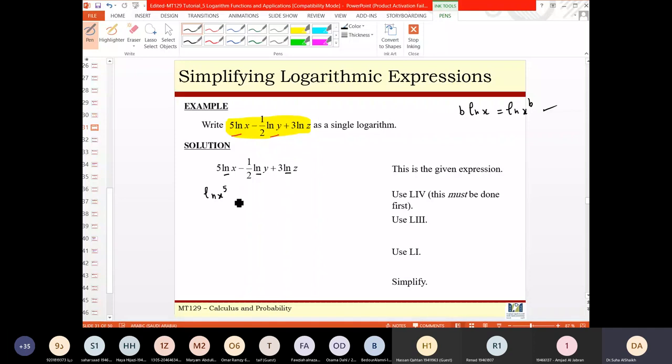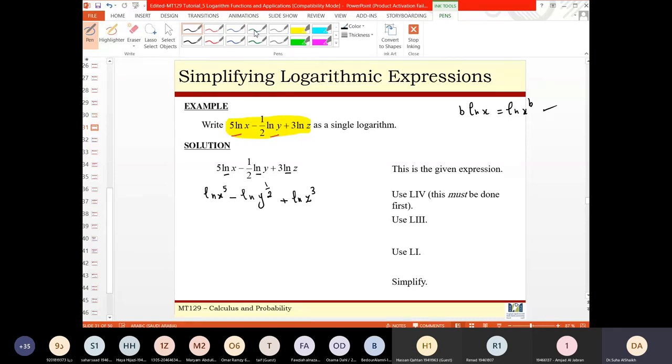Same thing here. I can say the half goes as a power of y. So this will be minus ln y to the power half, and this will be ln z to the power 3. Whatever is multiplied, I brought up as a power.